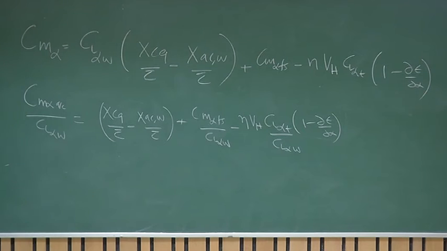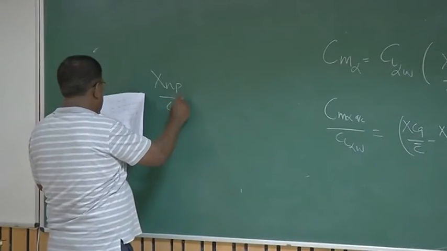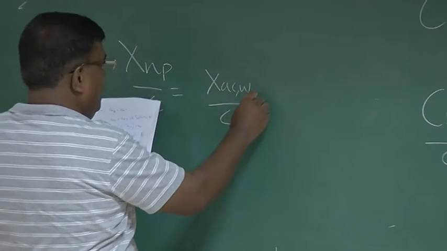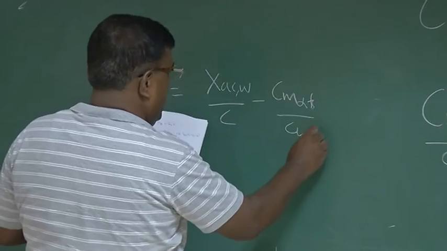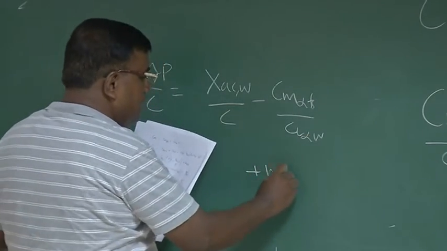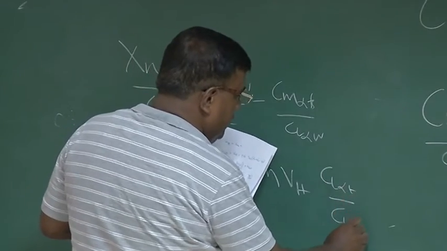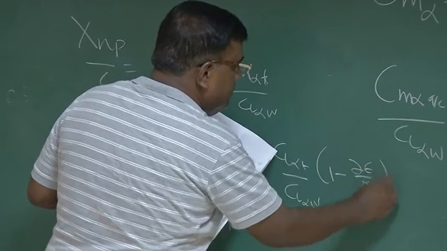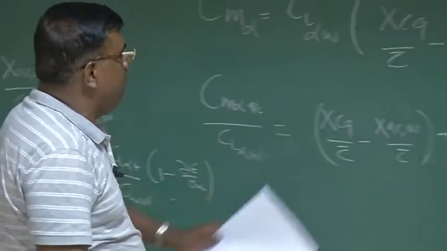Okay. Now what was the expression for the neutral point? See, xNP by c. If you see, it was xAC wing by c minus Cm alpha fuselage by CL alpha wing plus eta VH CL alpha tail by CL alpha wing into 1 minus d epsilon by d alpha. These are the expressions you already have. Now carefully see the right hand side.